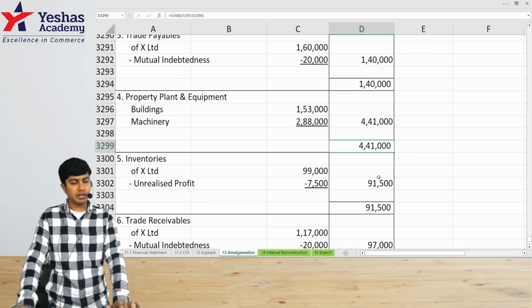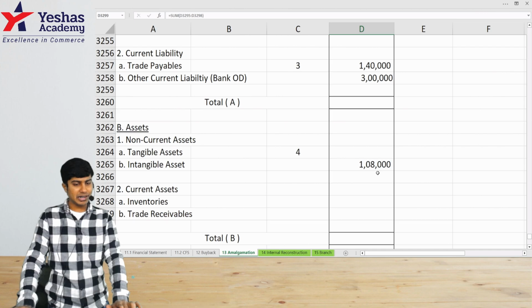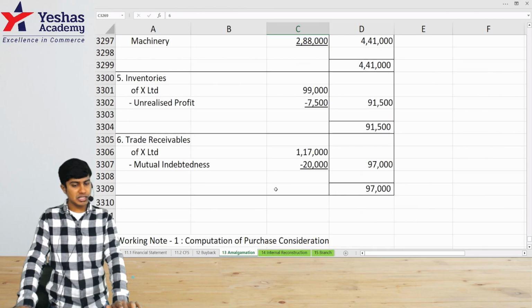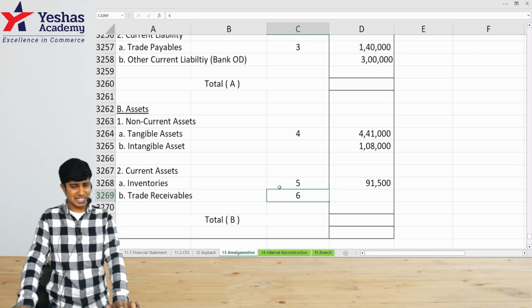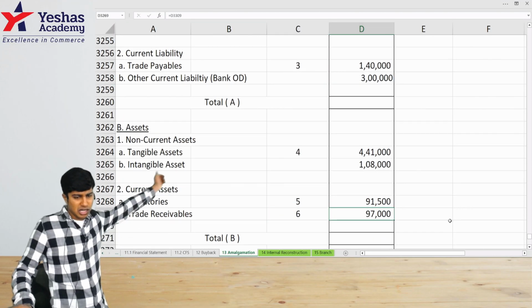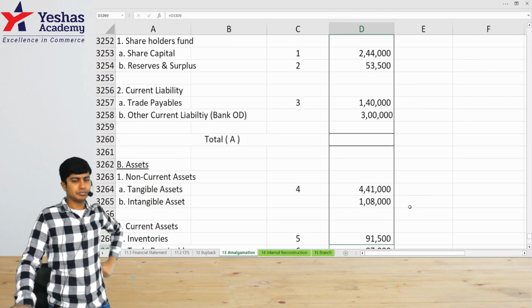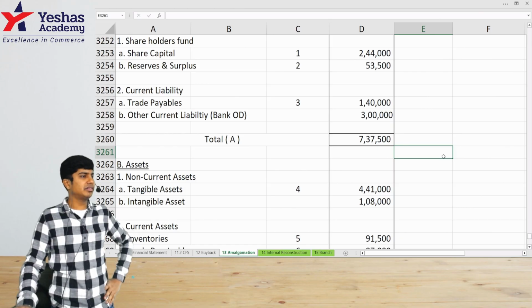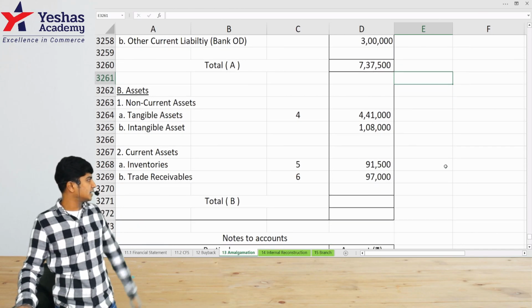PPE 441. Inventory 91,500. I'll write two things at a time. Last item, trade receivables. Note number 6, 97,000. Ta-da! Take the total. 7,37,000. Also check the total on the asset side.